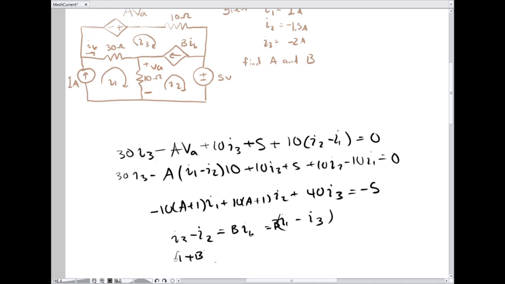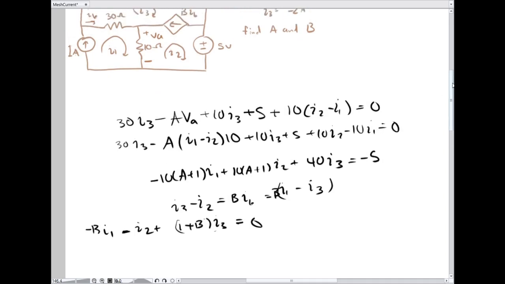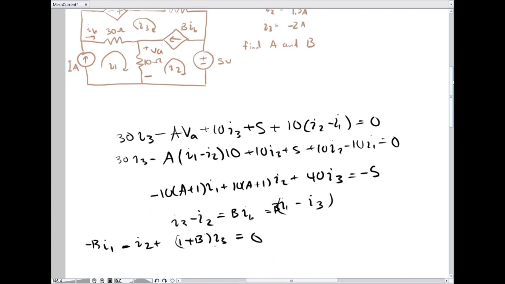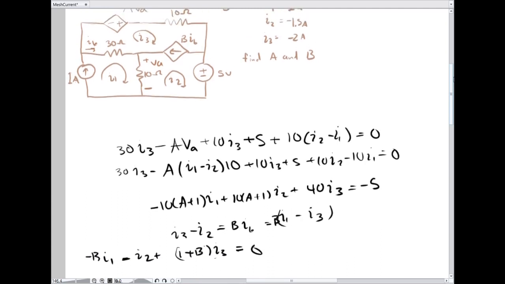It's 1 plus B I3 minus I2 minus B I1 equals 0. Now I1, I2, and I3 are all given, so I can plug them in. And this problem is very clever in that it doesn't entangle the equations for A and B, so you only have one equation and one unknown each, which should make things simpler.